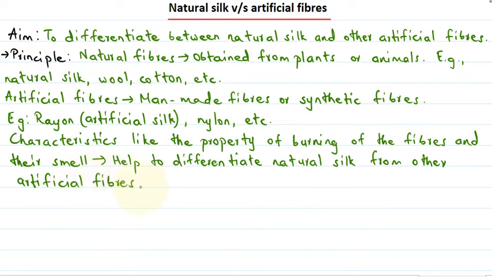So the property of burning, that is how long the fiber burns on coming across the flame, and the smell that it gives out upon burning, these two characteristics help us to differentiate natural silk or natural fibers from other artificial fibers. So this is the principle behind our experiment.